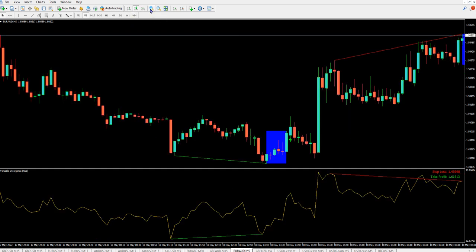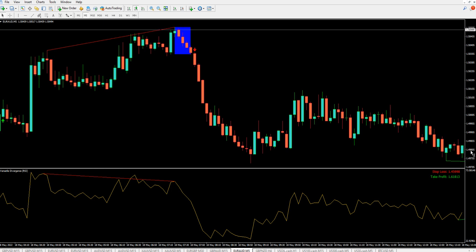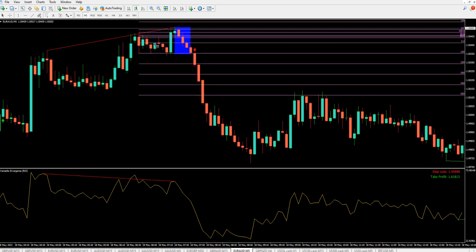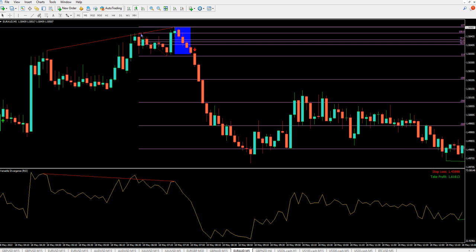Now, one thing I like to do with a fib is, if you can kind of see divergence taking place, if you can kind of get an eye for it, if you can find a consolidation range, we'll take the most recent high to this low, the range low, and add the 127 extension.